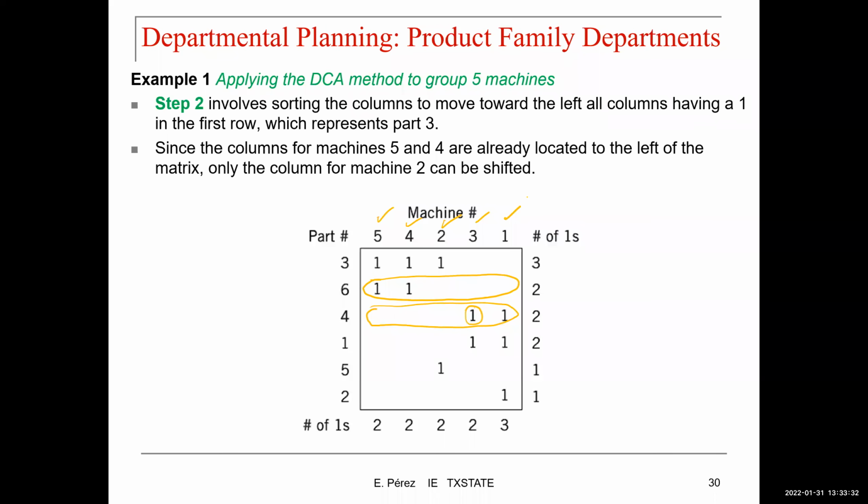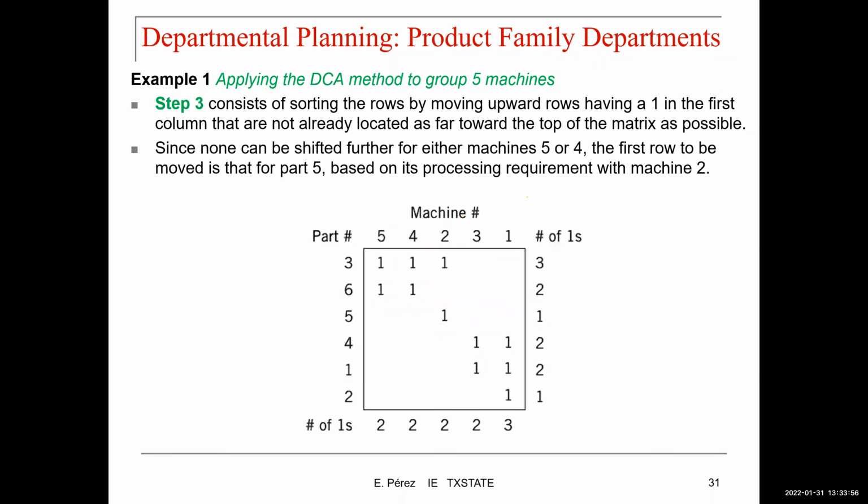And that's step 2. We're going to do the same process now but looking at the rows. So now we're going to go column by column. I'm sorry. Right now we were looking at the rows. Now we're going to look at the columns and see if there's any opportunities for us to move up any of these rows.